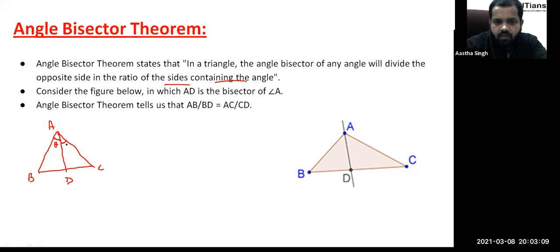So this is theta, and this is again theta. The point D will divide the opposite side in the ratio of the sides containing the angle. Basically, AB upon AC will be equal to BD divided by CD.